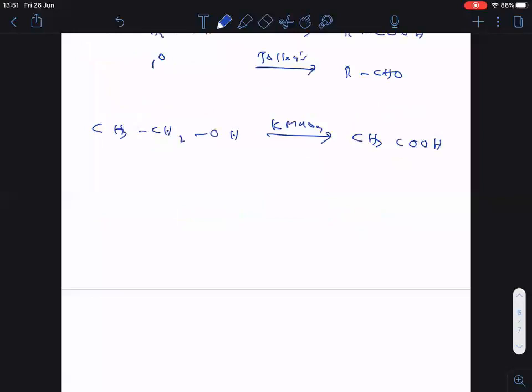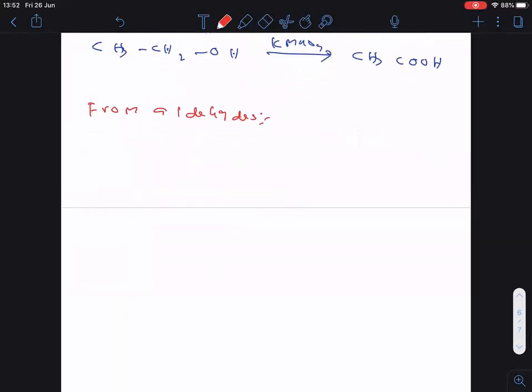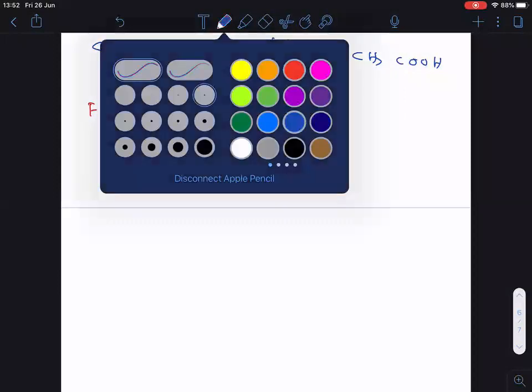Now, coming to the next preparation method, from aldehydes. Okay. Now, how to prepare acids from aldehydes?